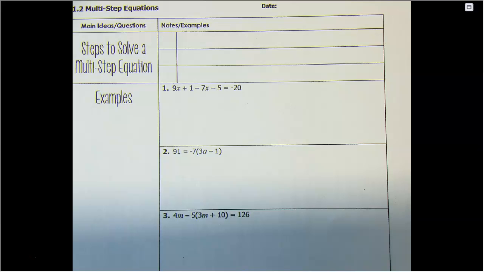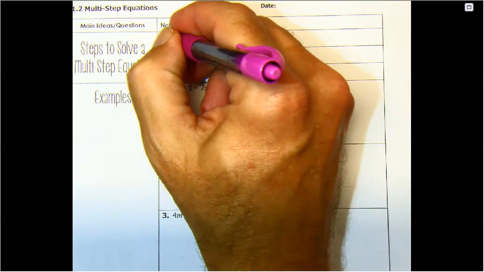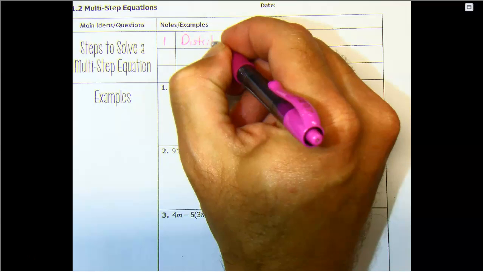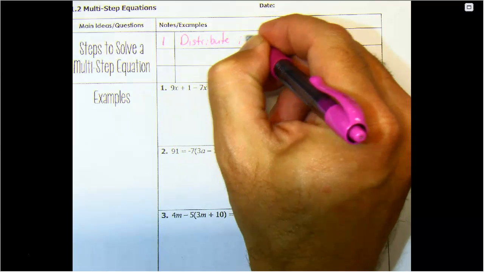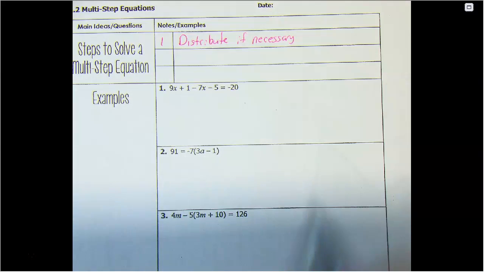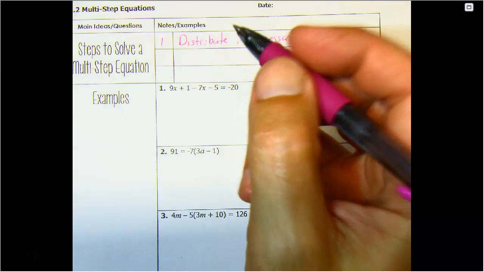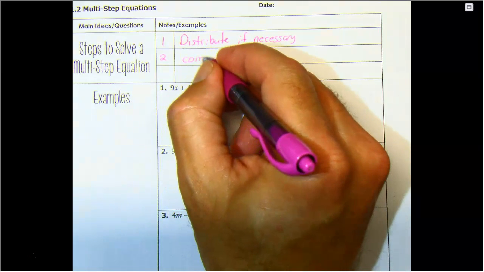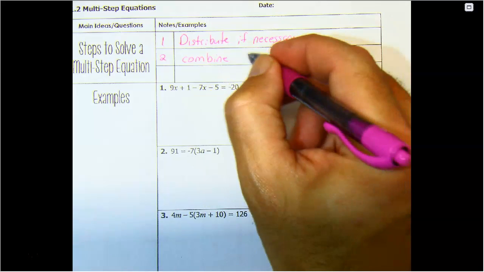So when we roll through these particular problems, step number one, we're going to distribute if necessary. Meaning we want to get rid of any parentheses we might have, because the parentheses are indicating an operation, and so from there we need to get rid of the parentheses so we can combine some like terms, which is, ironically enough, step number 2.